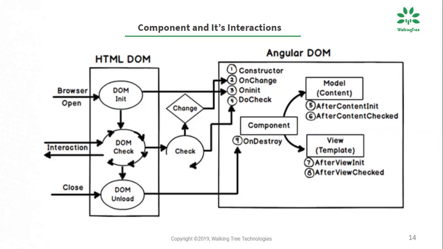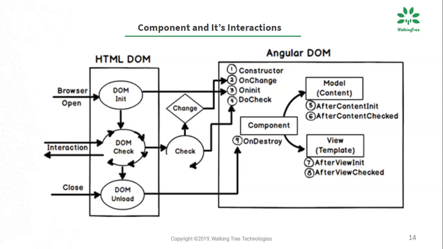So do check will be called on every change detection cycle. While using do check, we need to be very sure that we are checking intentionally, or that we are using the on push change detection methodology, so we emit that check explicitly on some conditional basis.